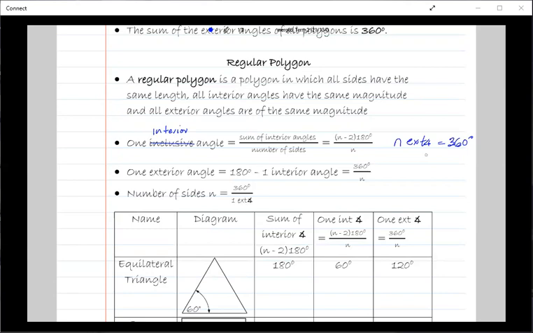If I divide by the one exterior angle, what I'm going to get is the number of sides. The number of sides is equal to 360 degrees divided by one exterior angle. All right, I'm going to stop the video here, and then we're going to have a look at this activity.